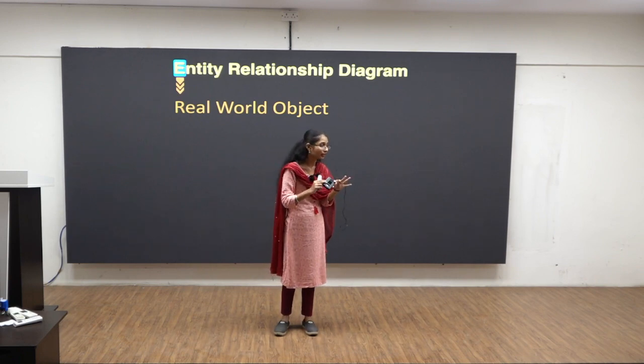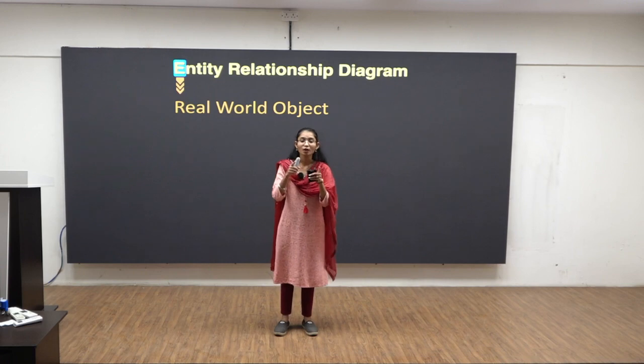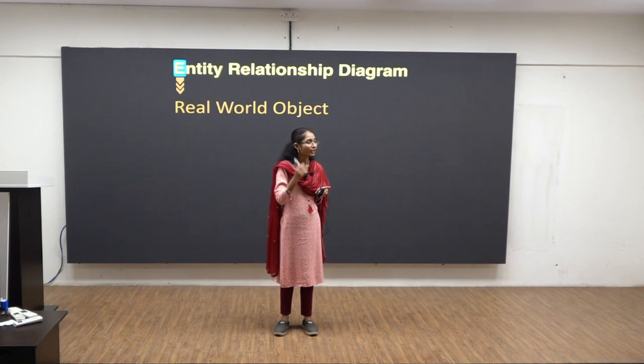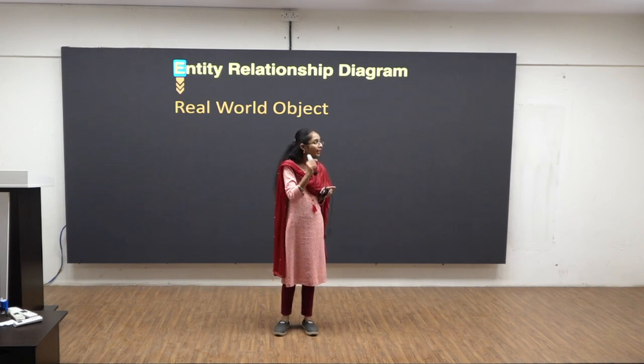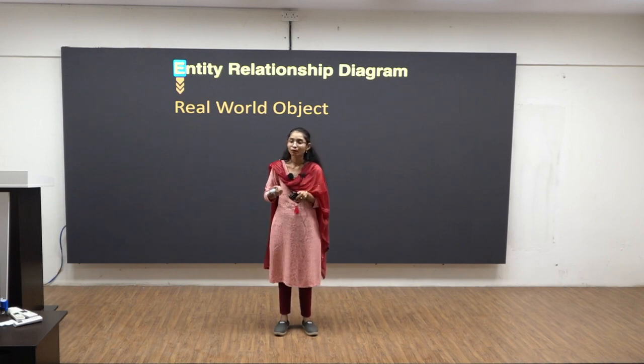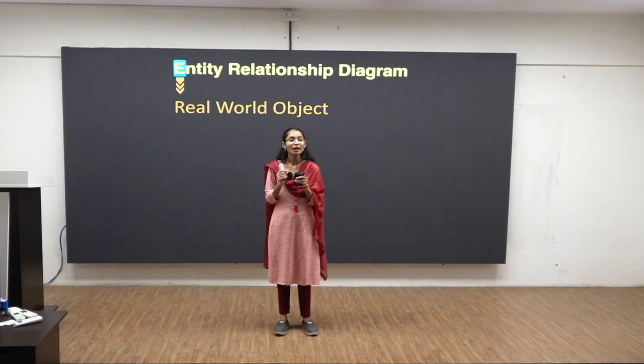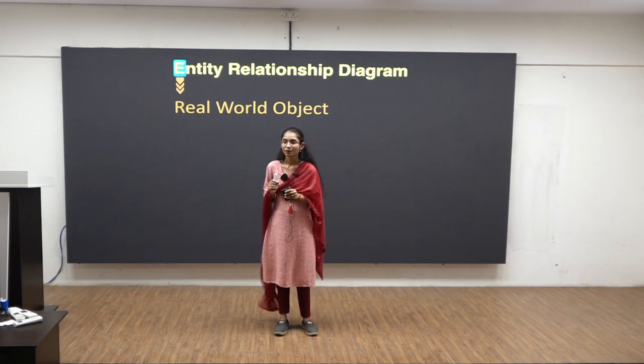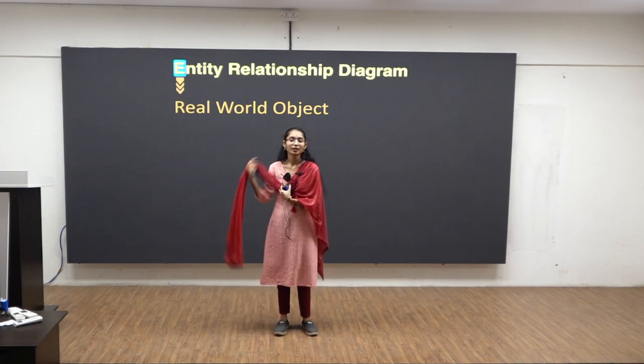As an entity. So like that, if you see your bag, it is one real world object, it is one entity. The book which you will be using, it is one entity. The pen you will be using, the mobile phone, the desk. There are multiple things like this which you can give as an example for an entity. So understand what an entity is.